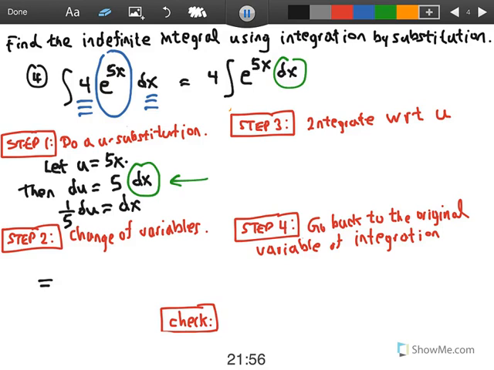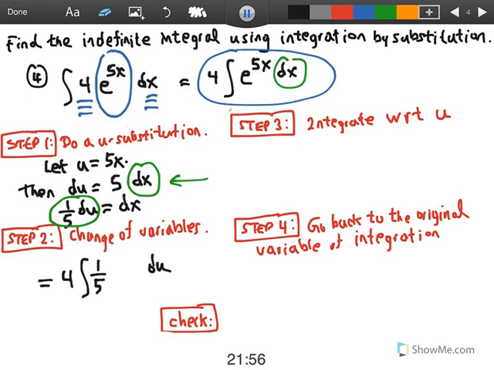So now when we do the change of variables, we're going to work with what we have here, and we write 4 outside, and then within the integral we can replace dx with 1/5 du, and e to the 5x will become e to the u.